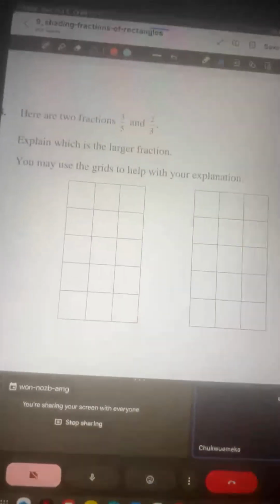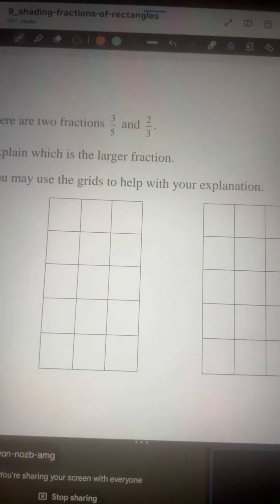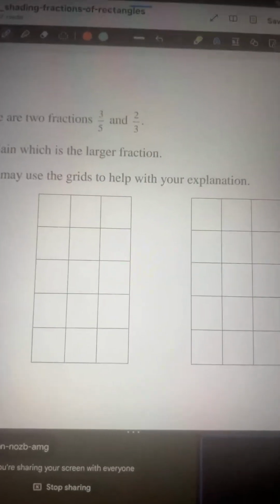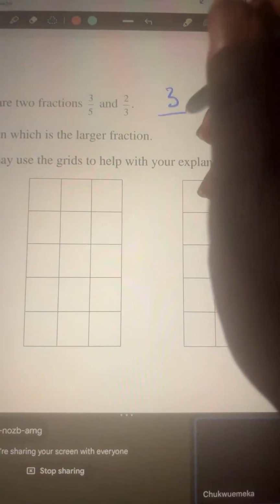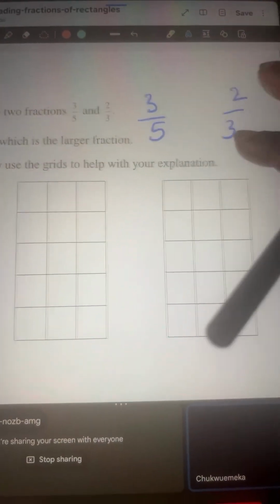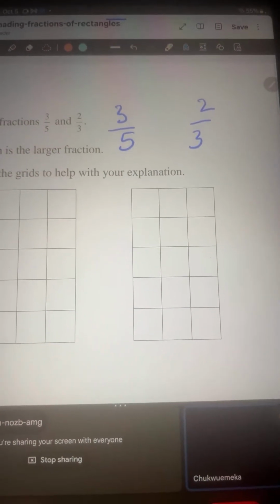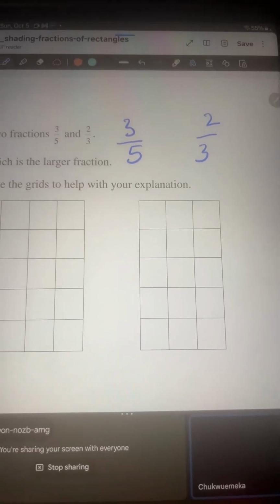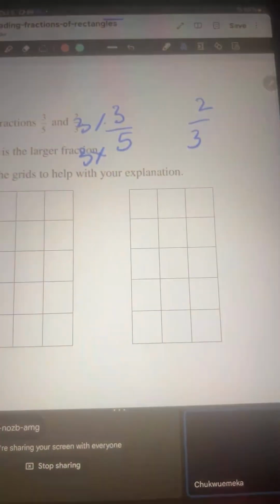If you look at these fractions, one is 3 over 5 and the other is 2 over 3, right? We can decide to make their denominators be the same thing. Do you know I can decide to multiply this by 3 and also multiply the numerator by 3?